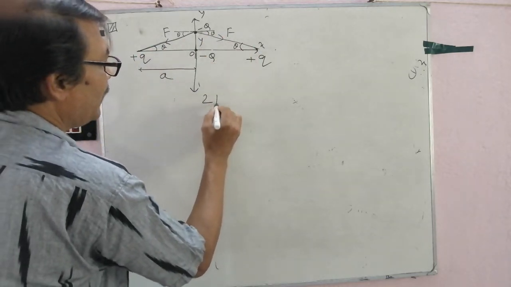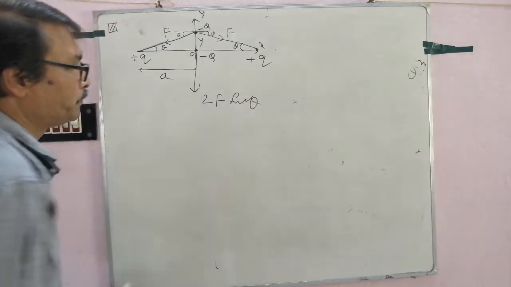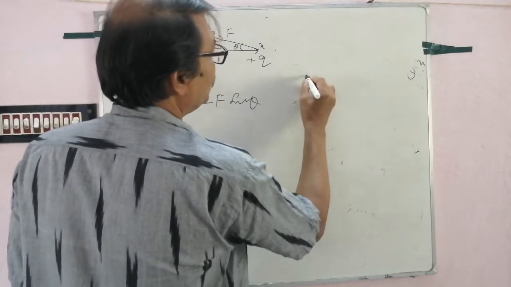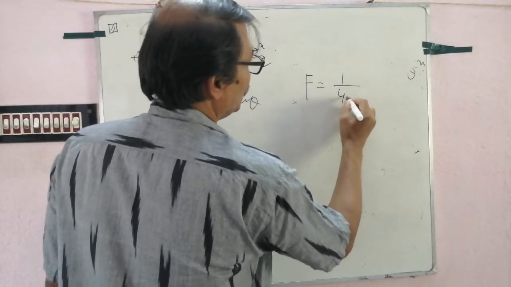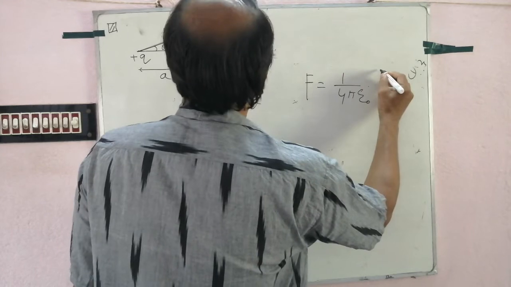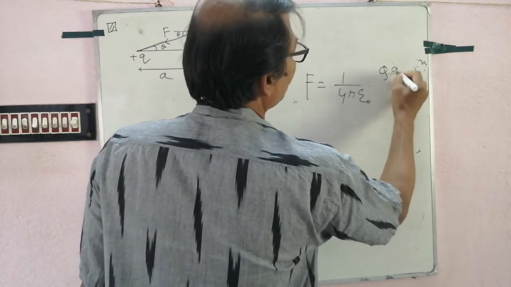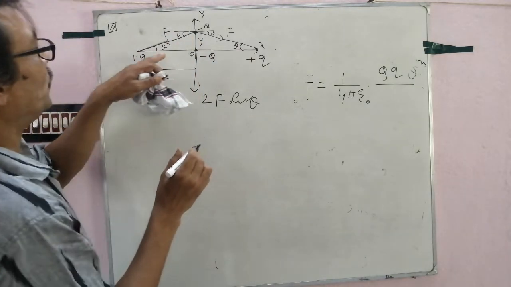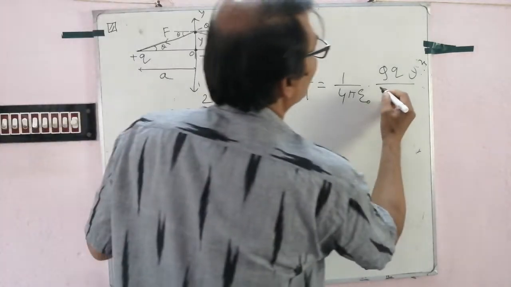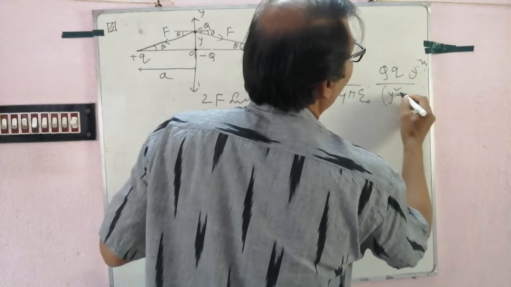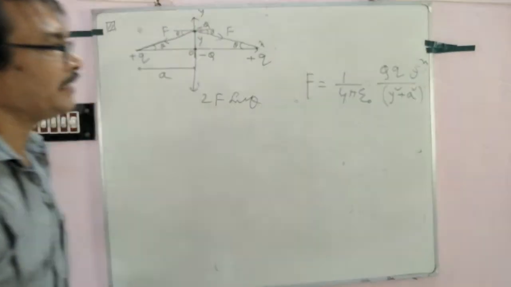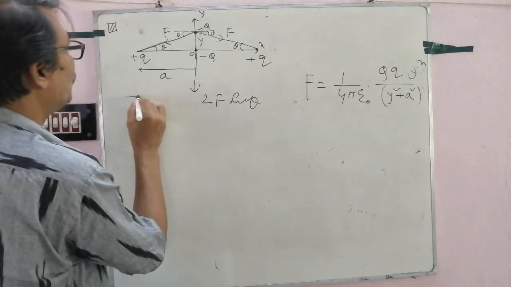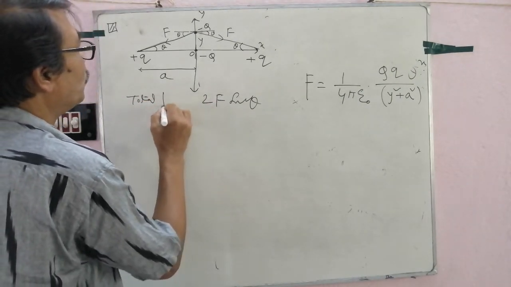Total force is 2F sin theta. Total force, sorry, F equal to 1 by 4 pi epsilon naught, capital Q small q by distance squared. What is the distance? This is A, y square plus a square. Clear? This is the total force.